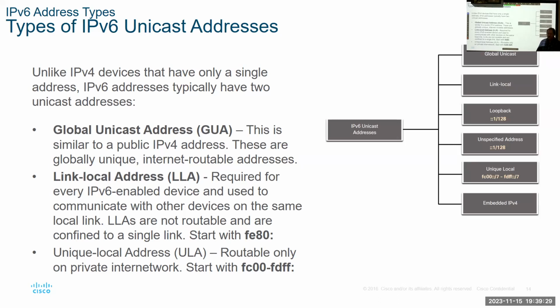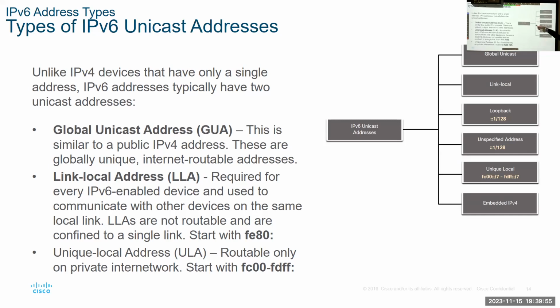But they can't be routed, period. It's not just that they can't go out to the internet; they can't be routed internally either across your own routers. It's the same thing with FE80 addresses. Link local addresses are only for communication within the broadcast domain, meaning within the LAN up to the router interface.